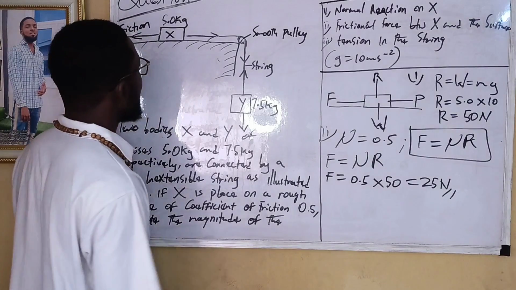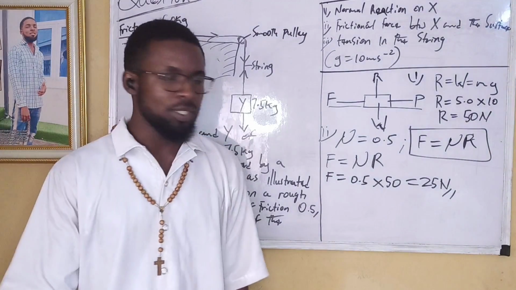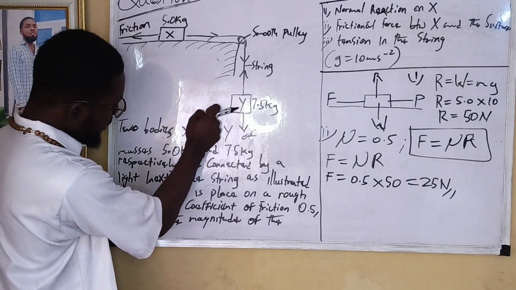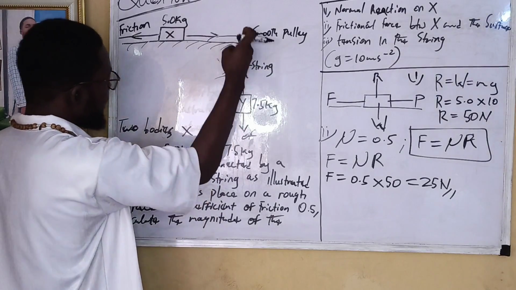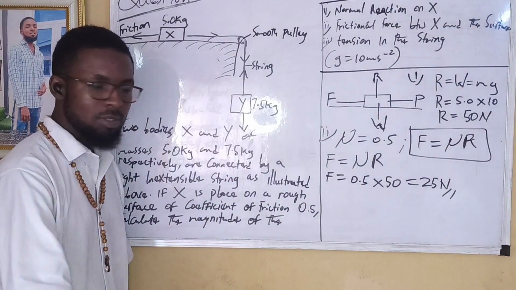Now, the tension in the spring. What is causing tension in the spring? It is this one here, Y. That is what is causing tension in the spring, and tension is a force.